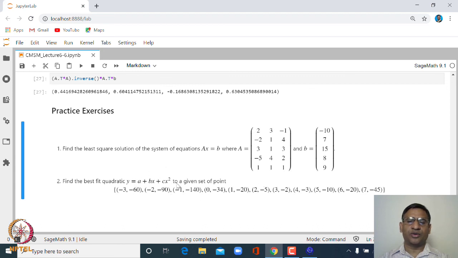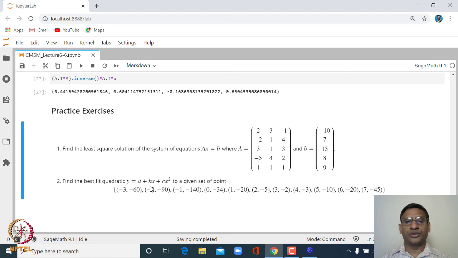Similarly, if you have to fit a plane to a given set of points in R3, the plane can be written as z equals a plus bx plus cy. In this case the matrix A has the first column all 1s, the second column will be the coefficient of x, and the third column will be the coefficient of y.